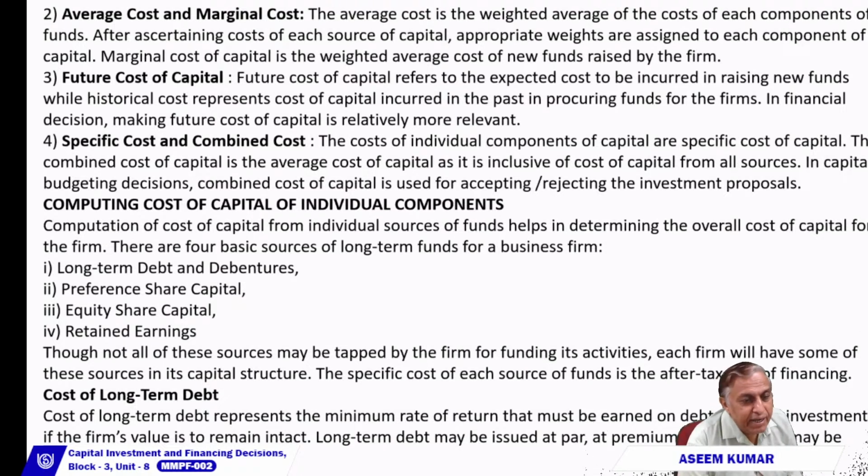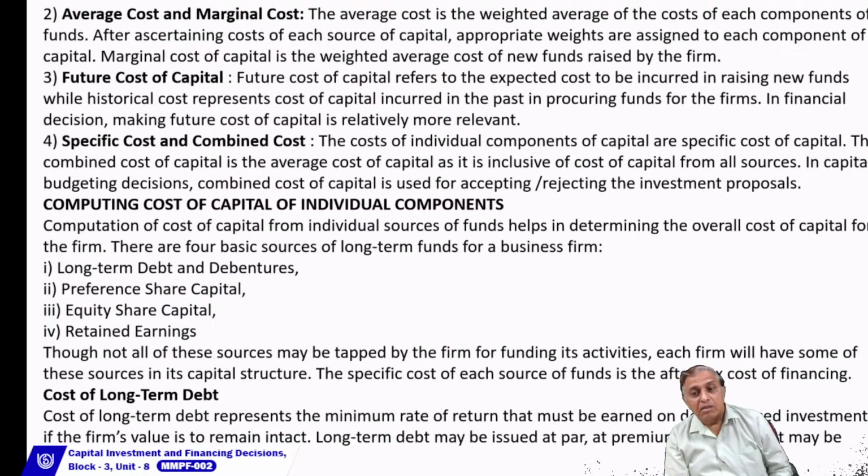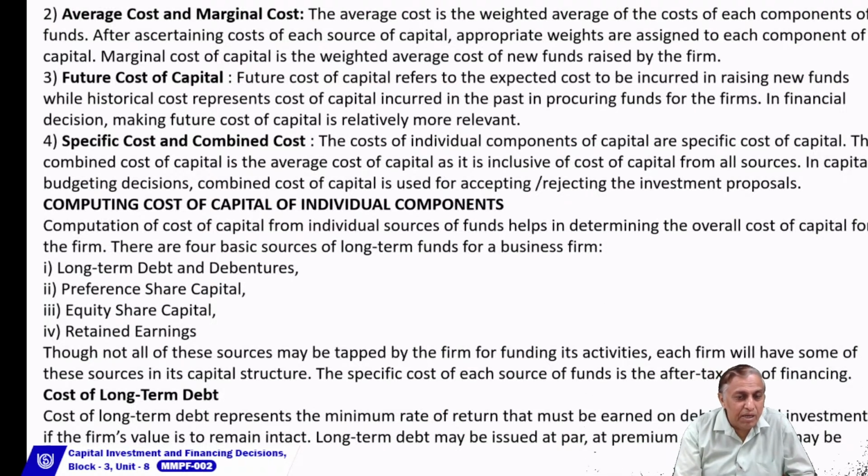Cost of long-term debt, the first one, or debentures. The cost of long-term debt represents the minimum rate of return that must be earned on debt financed investment if the firm value is to remain intact. Long-term debt may be issued at par, at premium, or discount. It may be perpetual or redeemable.